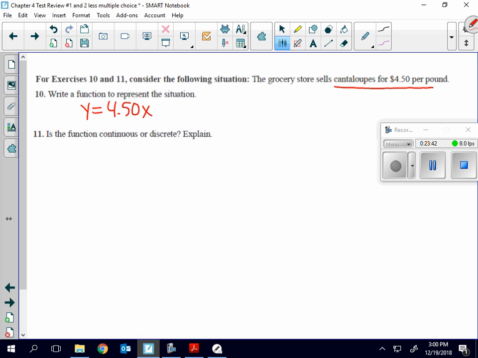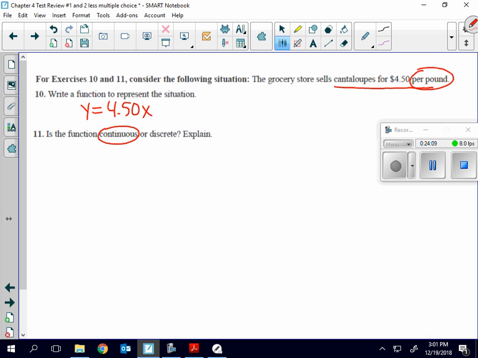Is the function continuous or discrete? And honestly, this one can be argued either way, okay? So the way the book wants you to do it is to say, since it's per pound, and technically per pound you could have fractional amounts of pounds, and I guess you could cut up cantaloupes and buy fractional amounts, it will be continuous.